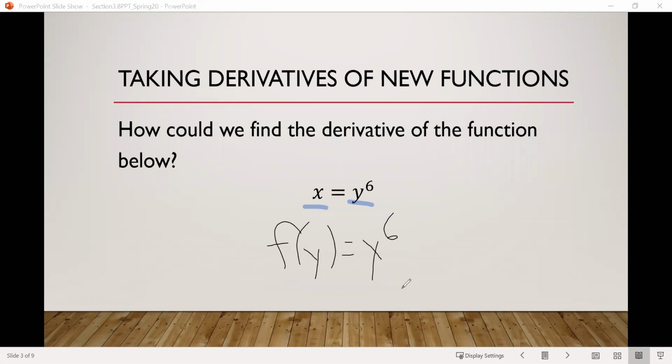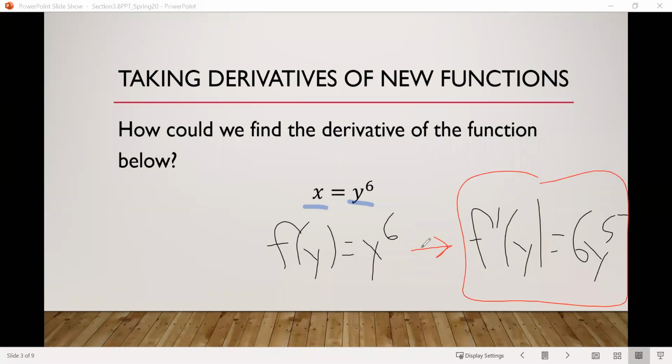And then to take the derivative, well, it looks like we can just use our power rule here. And so we would end up with f prime of y equals 6y to the fifth. And go from there, right? So that's one way we can think about this, or one way to approach this.